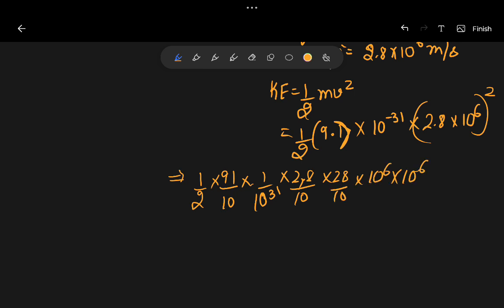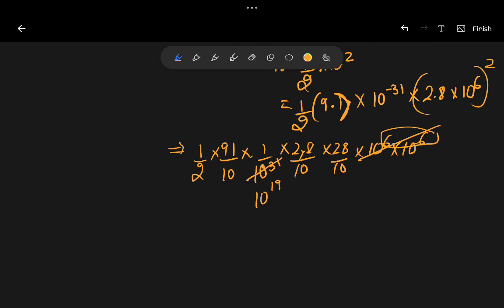Now let's just add these powers, it would be 12, and let's just cancel with 31. So after cancelling, we'll get 10 to the power 19.